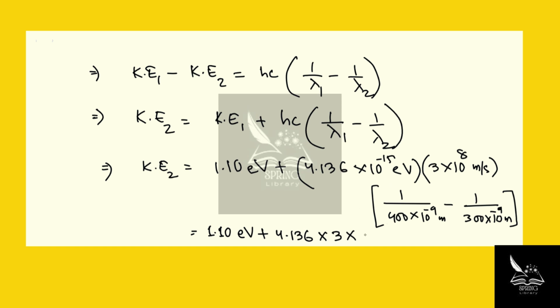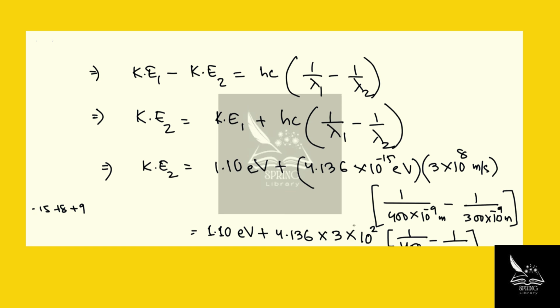So that will give us 10 to the power minus 15 plus 8. So we are basically adding all the powers of 10. So we have minus 15 plus 8 and then minus 9 in the denominator, which means plus 9 in the numerator. So that will give us a net power of 10 to the power 2 over here, and then we can directly go to subtracting the reciprocal of wavelengths.